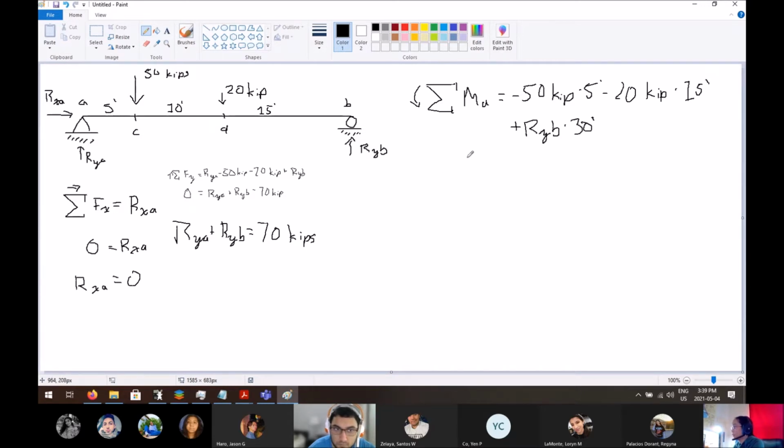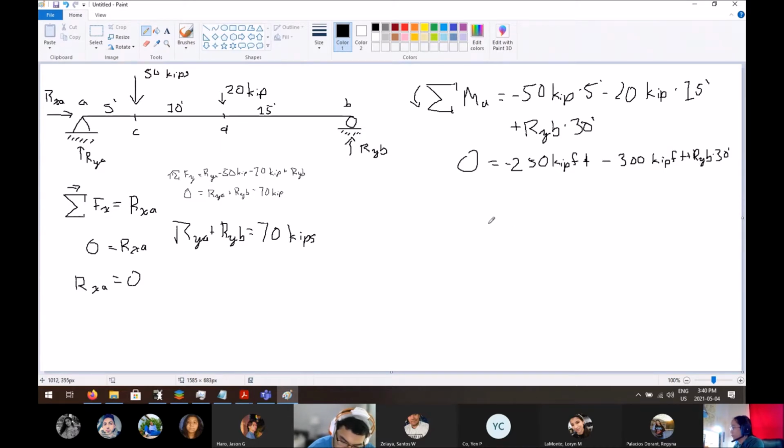Summation of moments has to be equal to 0, so 0 is equal to minus 250 kip feet minus, that would be 300 kip feet, and then plus RYB times 30 feet, right?